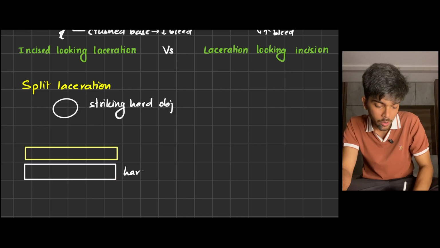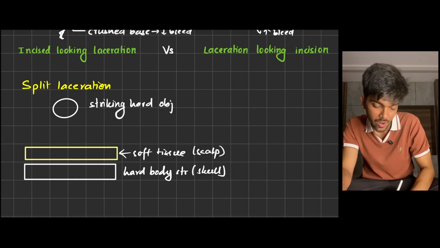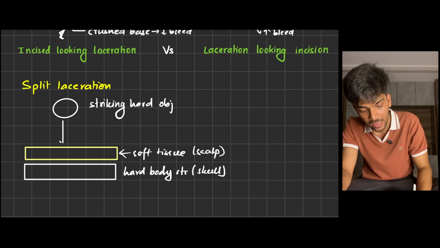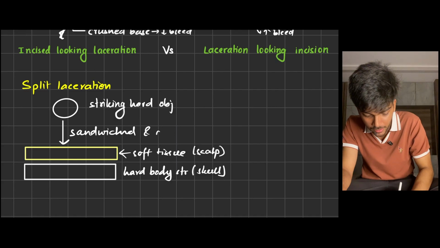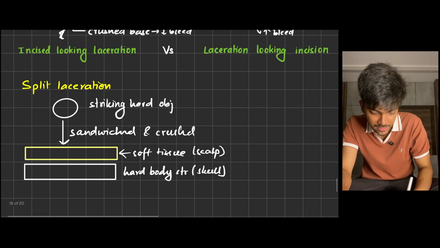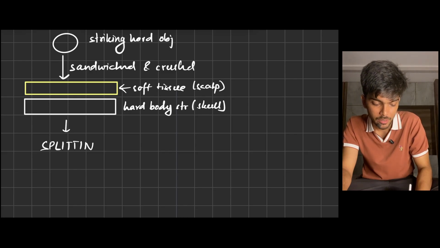For example, here it's the skull and the soft tissue is the scalp. So the scalp gets crushed between the striking hard object and the skull underneath. It is sandwiched and then crushed. As it gets crushed, it splits, and that is why it is referred to as split laceration.